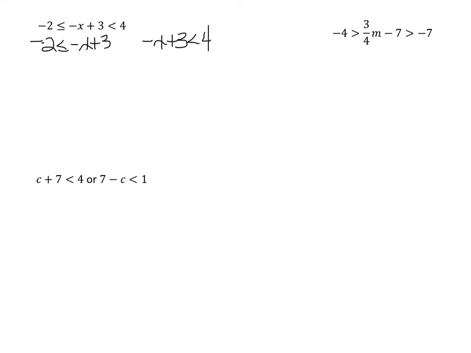So when I solve the first one, I subtract 3 from both sides. And then we divide by -1 on both sides. We do the same thing for the other one.